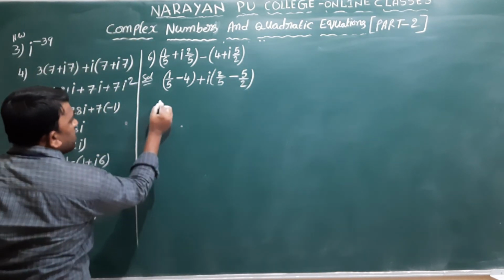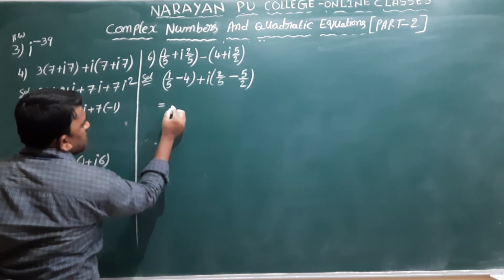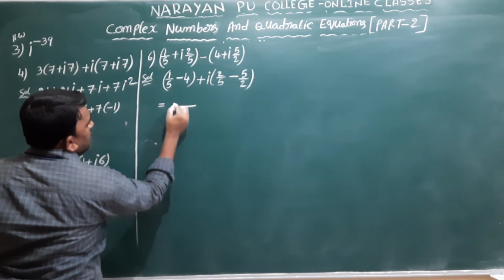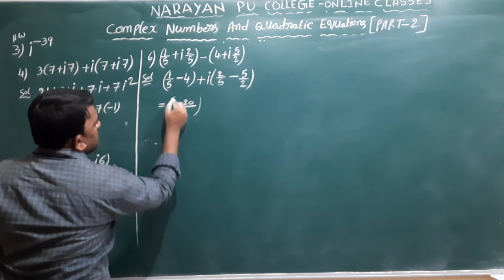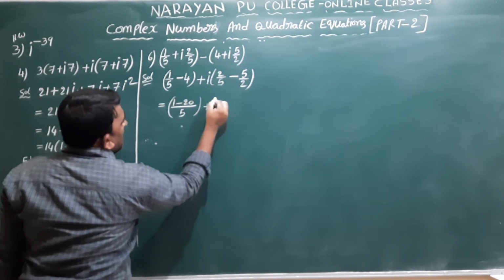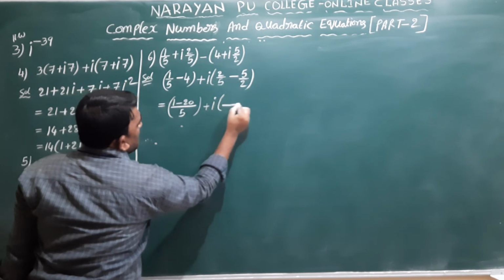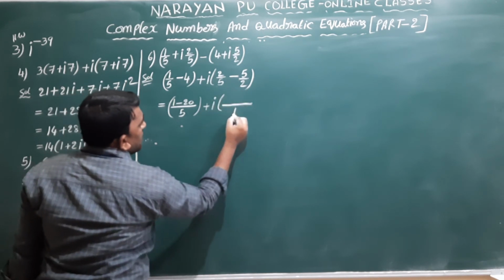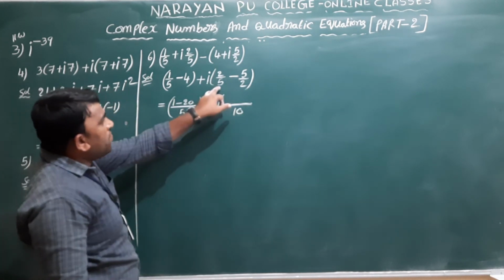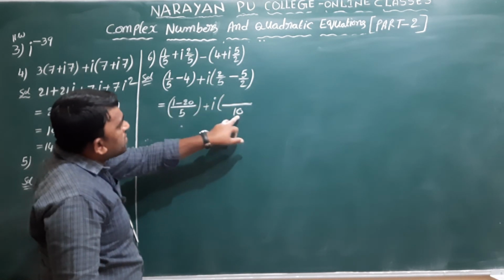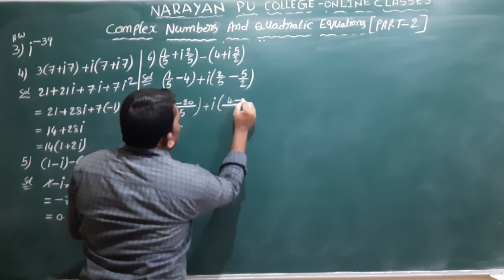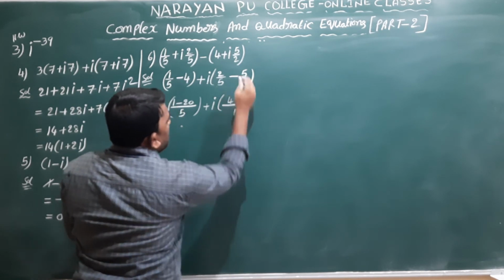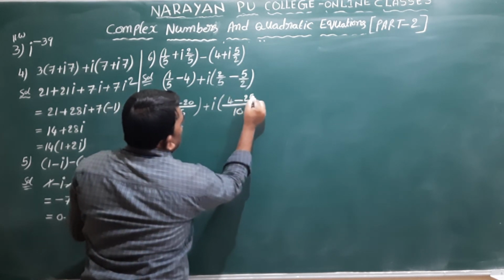Now we can simplify easily. LCM of this one is 5: 1 minus 5 into 4, 20, plus i into, 5 and 2 LCM 10. 5 cancels with 2 times 10; 2 into 2, 4; 2 fives are 10, 5 into 5, 25.